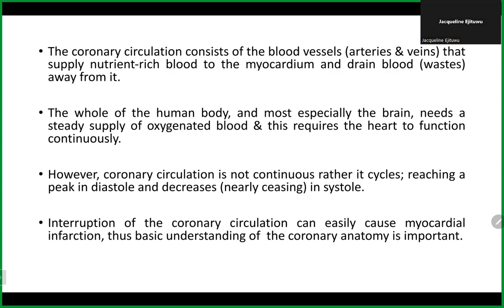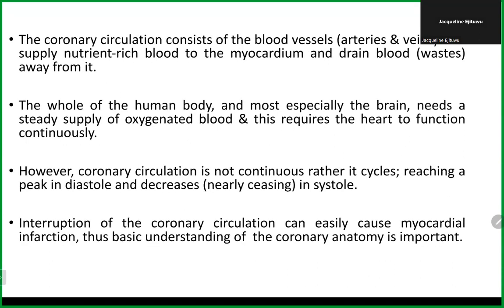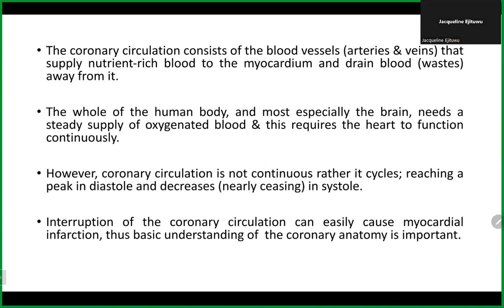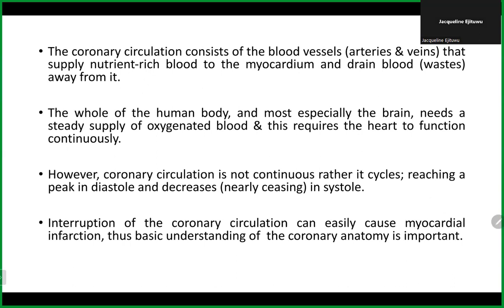In other words, the myocardial tissues receive their perfusion during diastole, and that's why it's very important to reduce the heart rate in most patients with tachycardia so as to allow for adequate perfusion. Interruption of the coronary circulation can easily cause myocardial infarction, and thus a basic understanding of the coronary anatomy is very important.